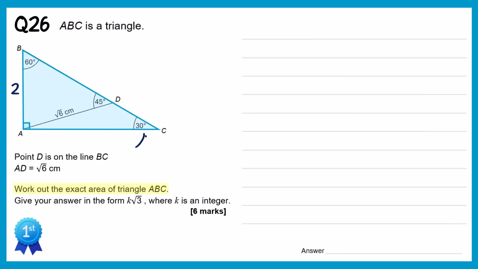So if we take this 30 degrees here to be our angle, then the AC side must be the adjacent, and the AB side must be the opposite. So we can write down that tan of 30 must equal the opposite, which is 2, divided by the adjacent, which we don't know. Tan of 30 is yet another value you need to know. It's 1 over square root 3.